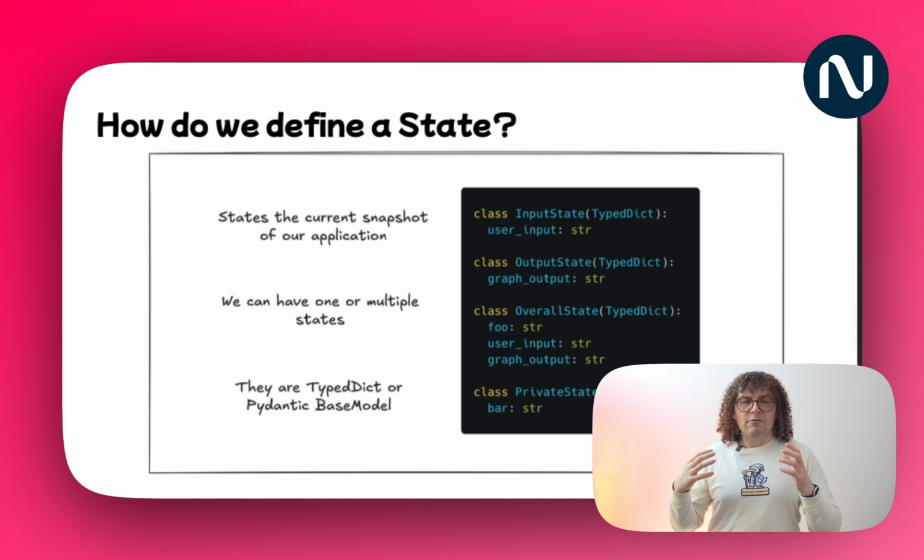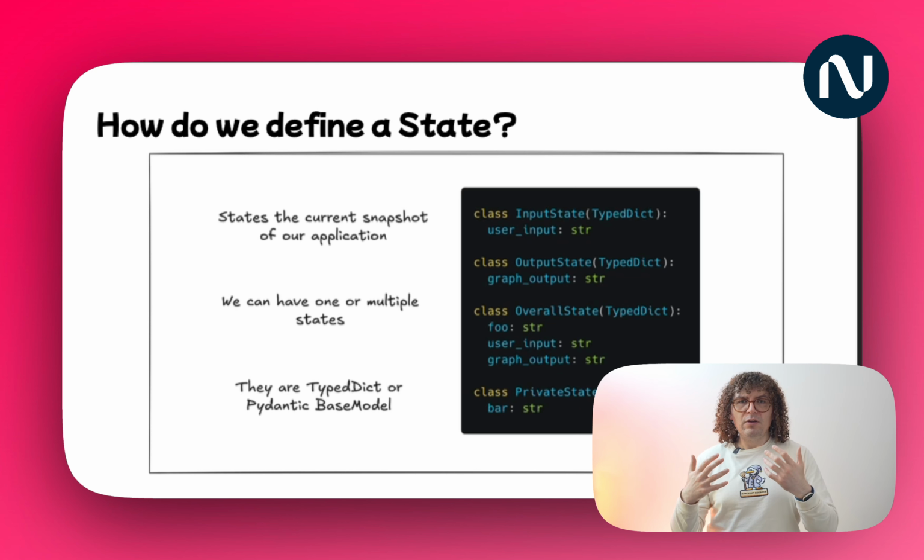One very interesting option in LangGraph is that we can have multiple states if we wish to, if the logic demands it. And as we see here in this example of multiple states, we have an input state, an output state, the overall state, and so on.